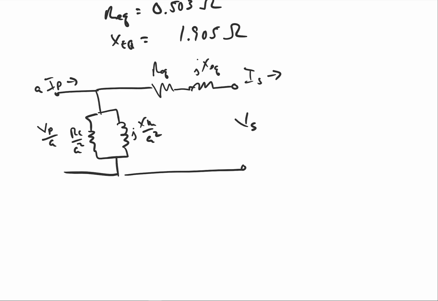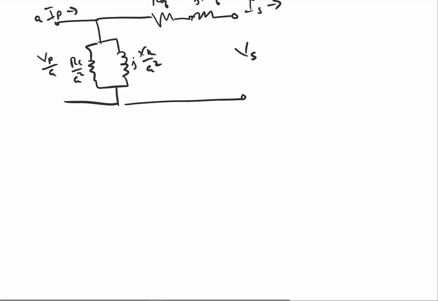Okay, so that gives us our equivalent circuit, and now we want to find the voltage regulation. We're going to use this equivalent circuit to find that voltage regulation, and we're going to do that at 0.8 power factor lagging.